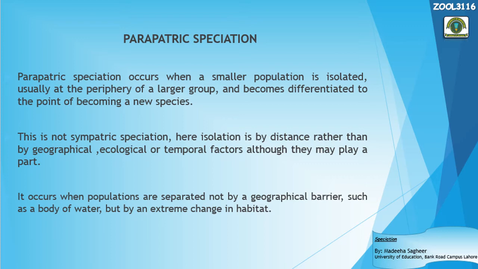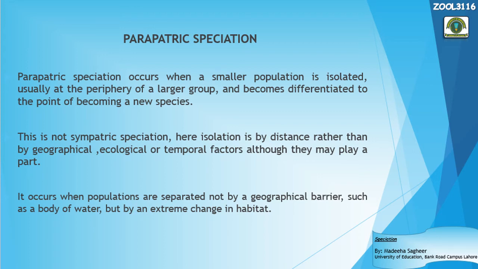The population undergoes speciation because of the distance between individuals of the same species. Like if we take the example of plants, this kind of speciation takes place within a population that has been spread over a larger geographical area, right?